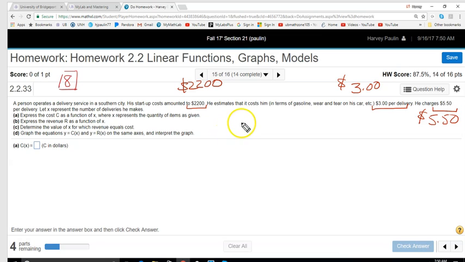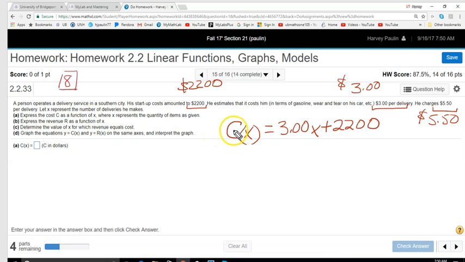So cost would be C of X equals every delivery he makes costs him $3, and X is the number of deliveries. And then he has his startup cost, which is a fixed cost, of $2,200.